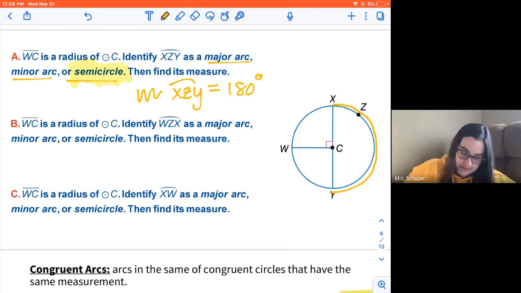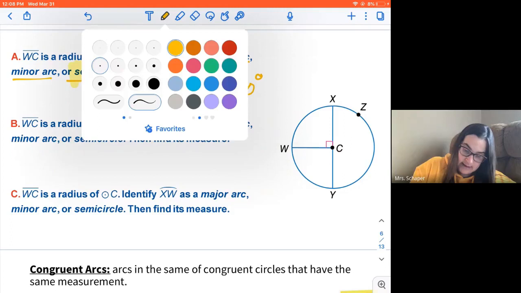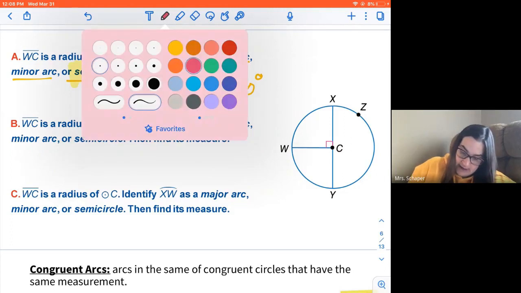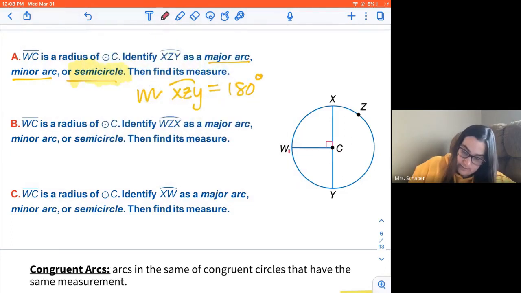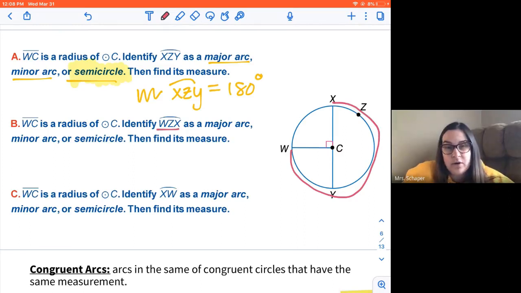If WC is the radius, we want to identify WZX. So W through Z to X. It's really important that you follow the order that's in there.